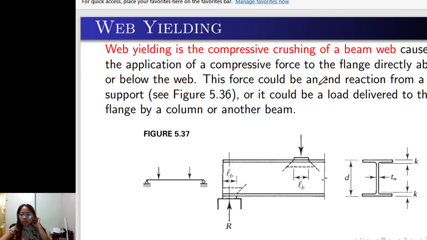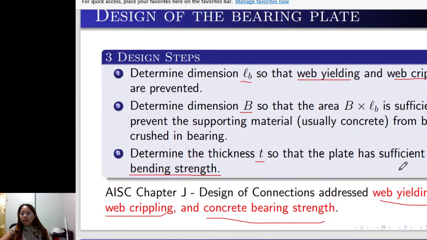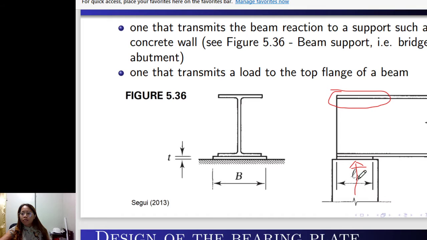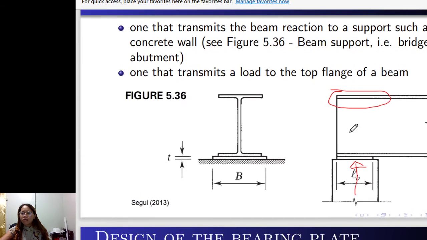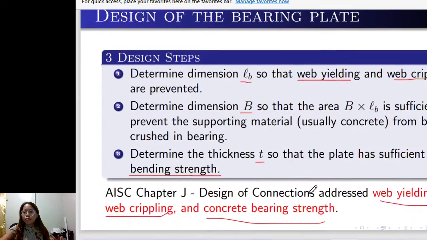As I discussed earlier, the reaction force is transferred to the top flange of the beam. When it is transferred, of course the web will be affected, especially if your web is very thin. So the tendency is that it yields easily.